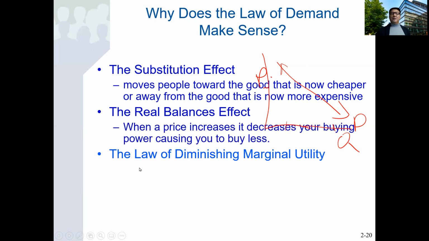There's another concept that is important to keep in mind, called the law of diminishing marginal utility. Basically, as a consumer, if you drink one or two orange juices a day, the first orange juice that you buy satisfies your thirst and tastes very good.